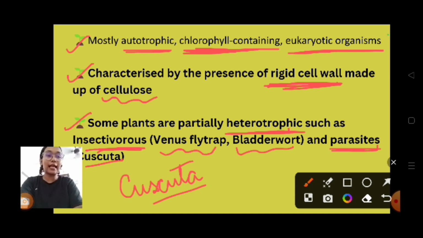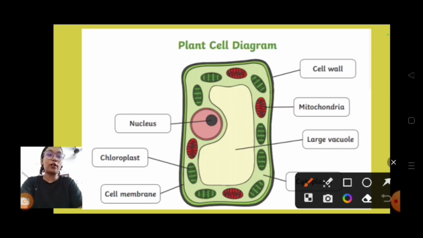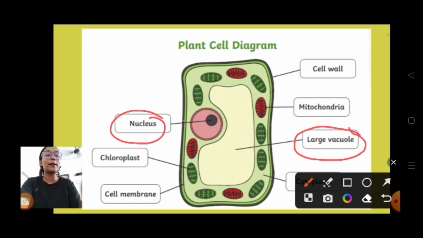Moving on to the next slide, we'll see some pictures. This is the diagram of a plant cell where you can see a larger vacuole, but in the animal cell they have smaller vacuoles. The nucleus is present near the periphery towards the sides because the vacuole is taking up the space.